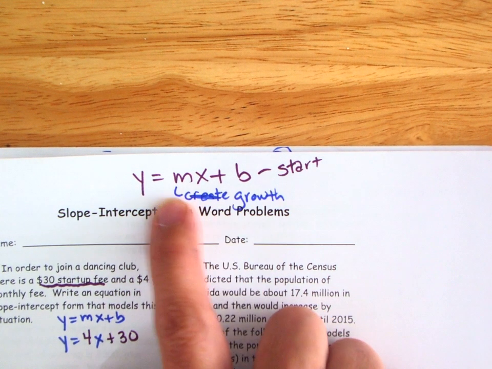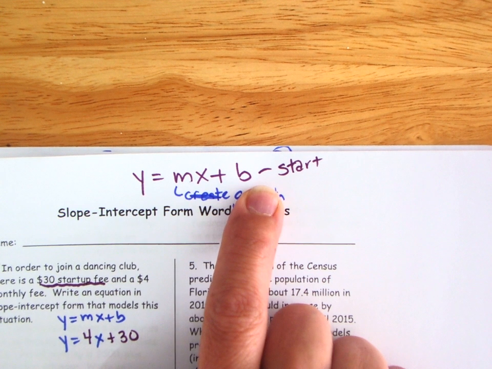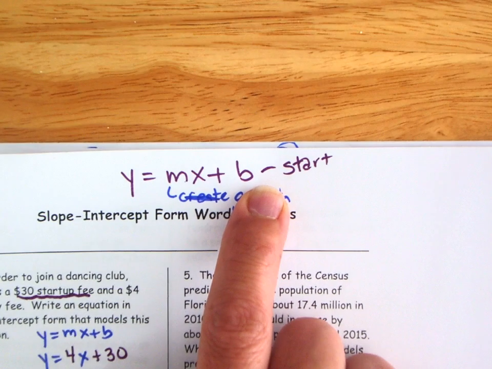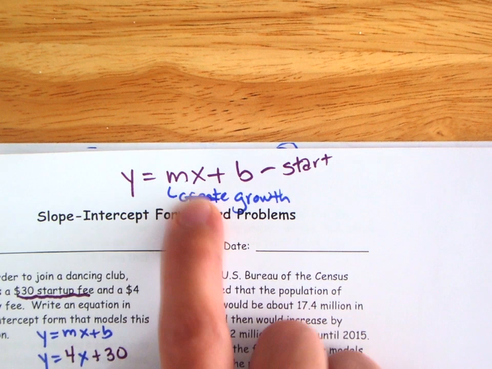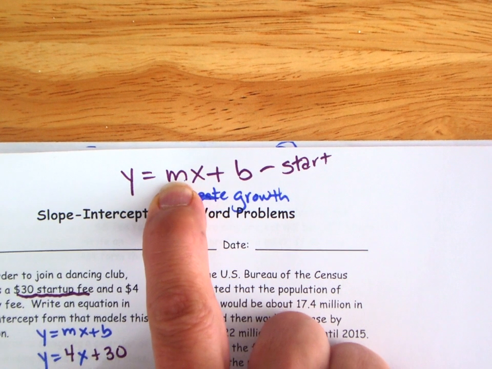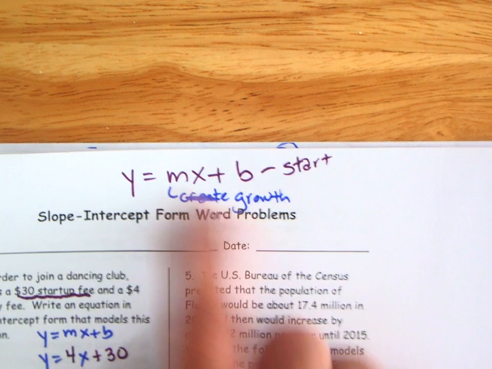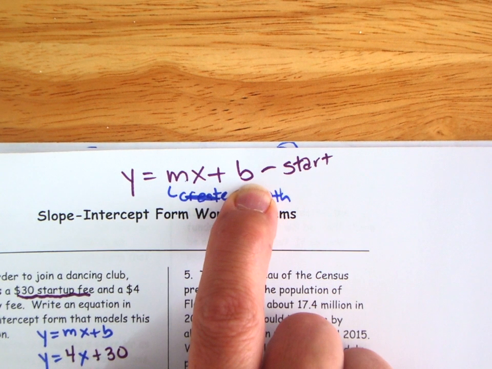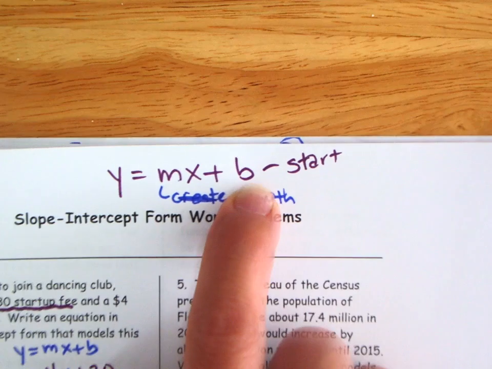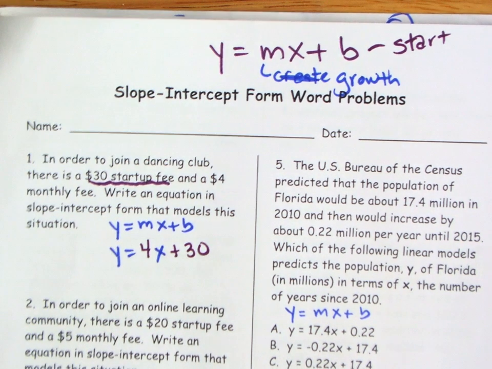That's why it's called the slope-intercept form. I don't think I explained it yesterday, but there it is. The m is the slope, in other words the growth, and the b is a starting point, but on the graph it's the y-intercept. Okay?